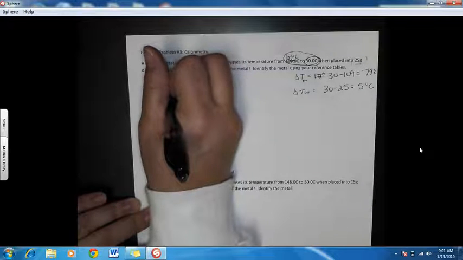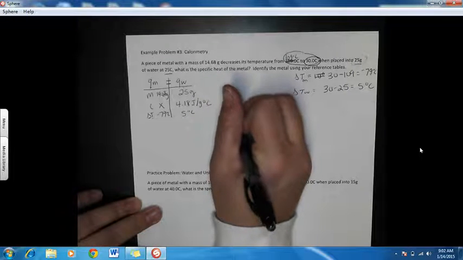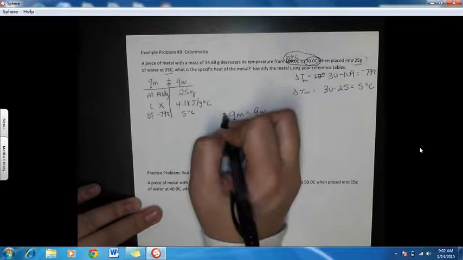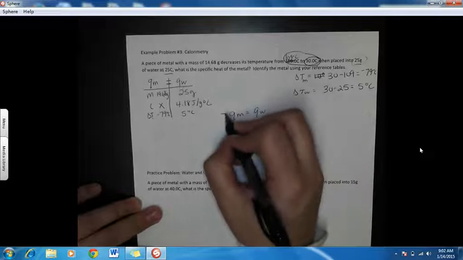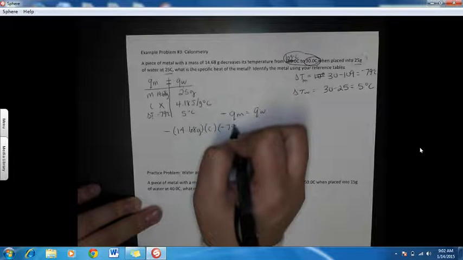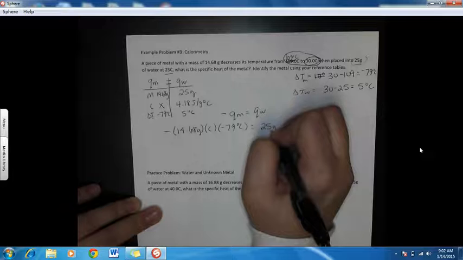Right? And so since we know that the metal and the water transfer equal amounts of heat, we know those two things have to be equal to each other. And so we have set up our equation that Q for the metal will be equal to Q for the water, except that the metal is going to lose heat energy and the water is going to gain, so the metal is going to have a negative. So we'll have a negative mc delta T for the metal equal to a positive mc delta T for the water.